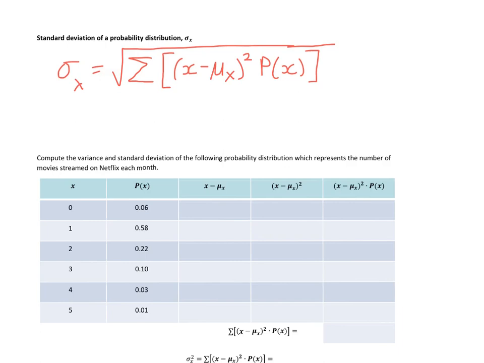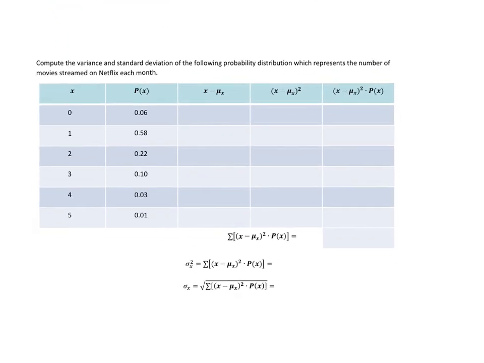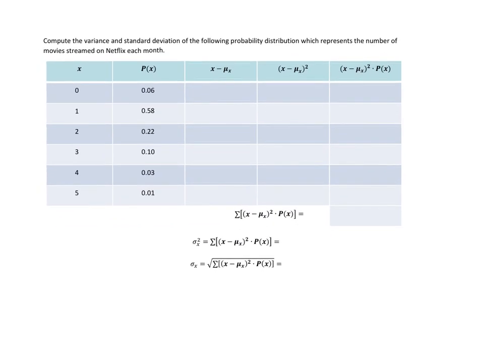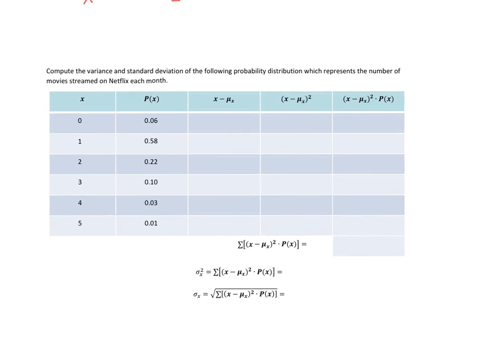Okay, so let's do this one by hand. And then I'll do the first line with you. And then pause it, and I'll fill in the table while you guys fill in the table. We'll compare our answer. Remember, your mu sub x is 1.49. This is our Netflix streamed movie example still. All right, so in this first example, we're looking at 0 minus 1.49, so negative 1.49.